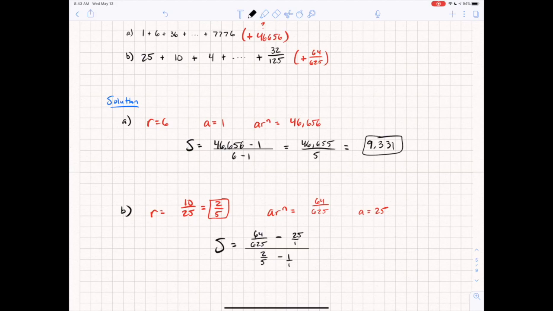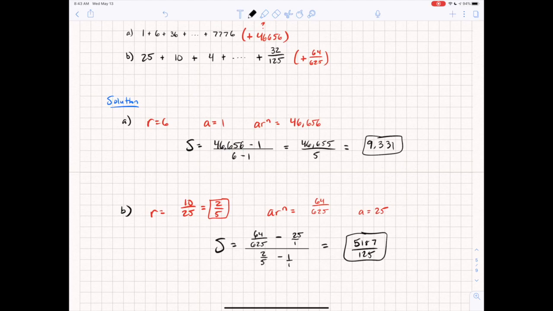If you use a calculator and convert this over to a fraction, you should get 5187 over 125. This is my final sum. All right, and I'll leave it to you to work through that as an exercise, because from here it's just algebra. Okay, so that's geometric.